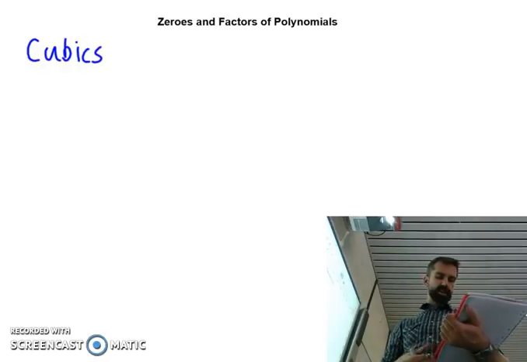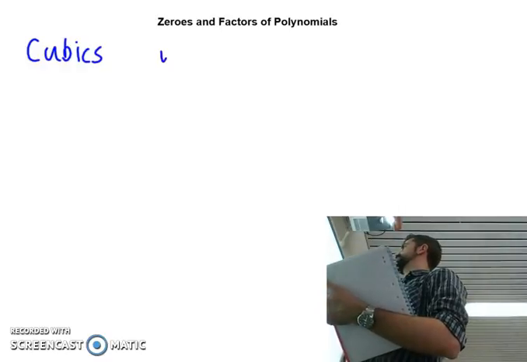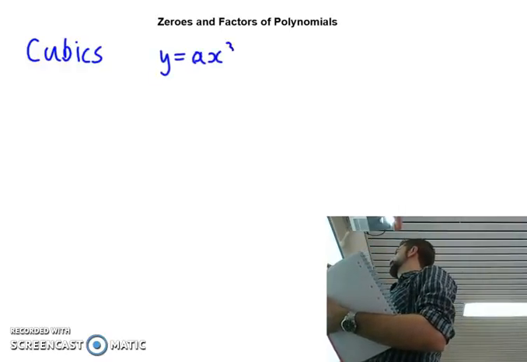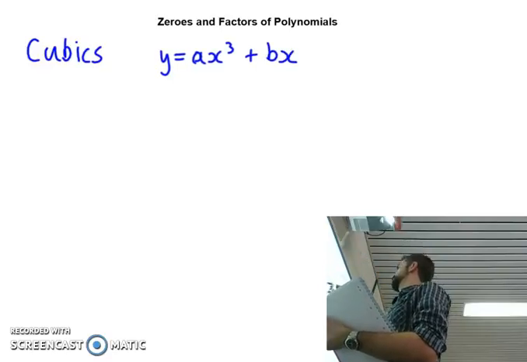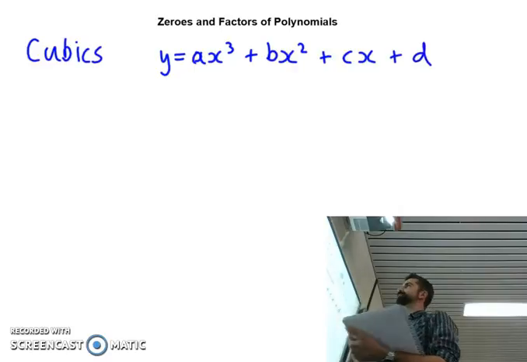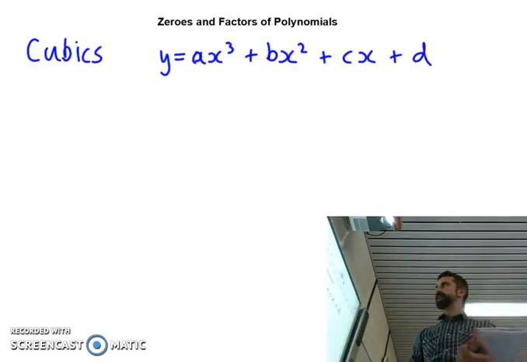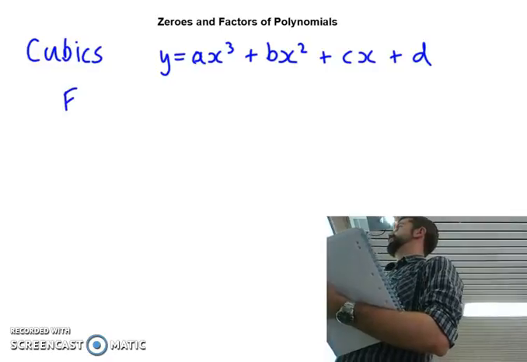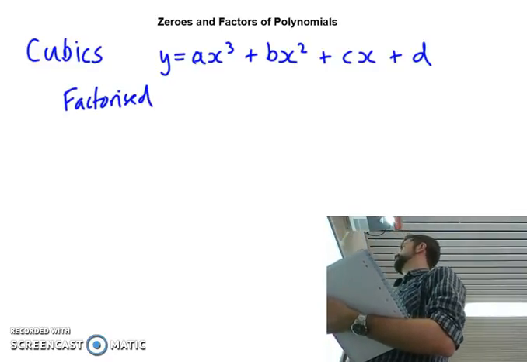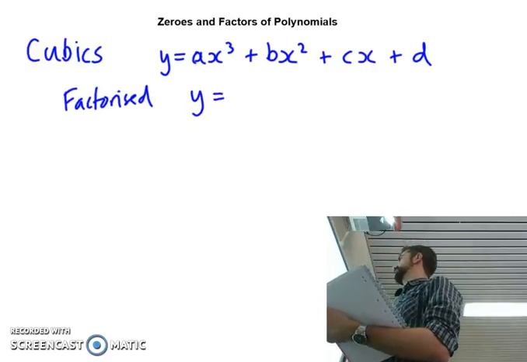Just to start off with, let's go back to the general form of a cubic, which is y equals ax cubed plus bx squared plus cx plus d. Just want to introduce the factorized form, which is very similar to the factorized form of a quadratic.